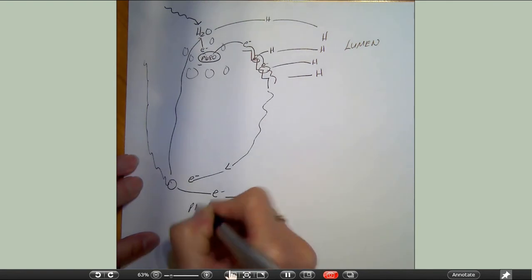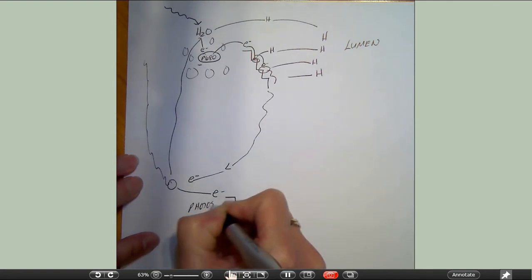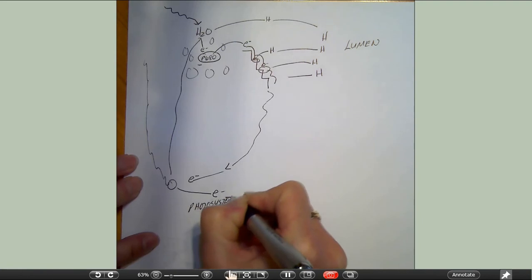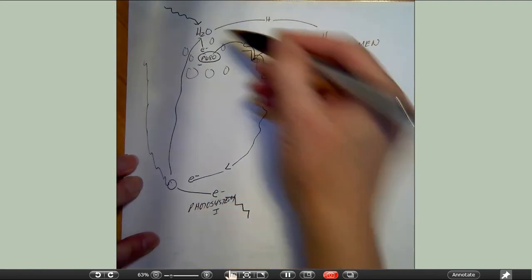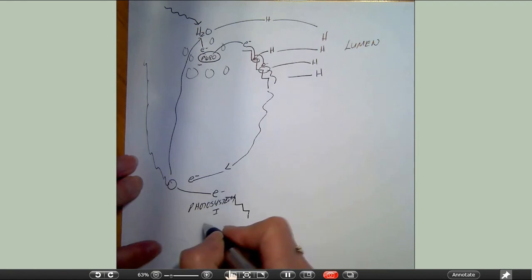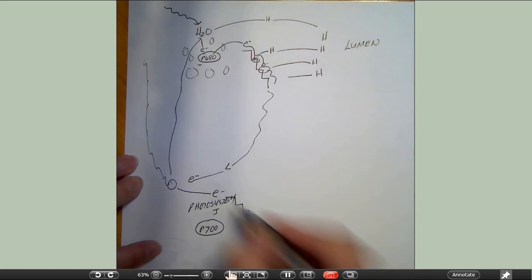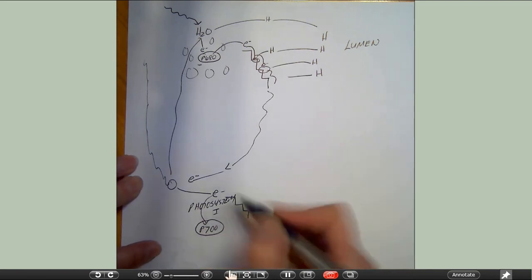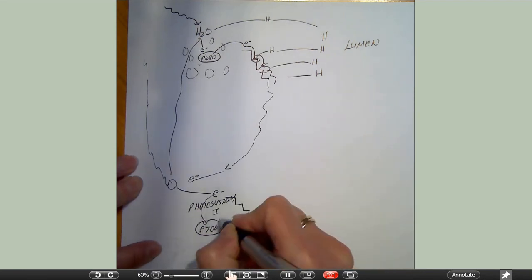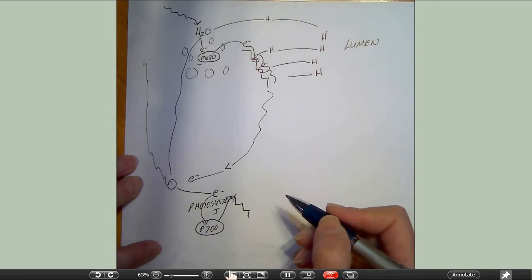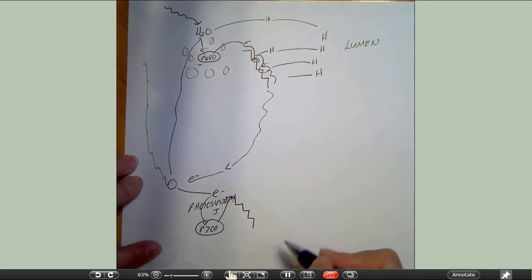Now we're down here in photosystem 1, and just like photosystem 2, the electron will go to a chlorophyll pigment called P700. It will get energized, and it will go into a second electron transport chain.